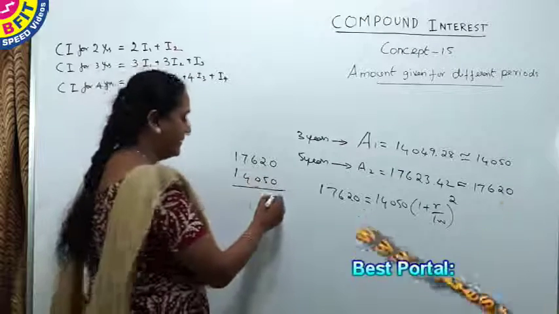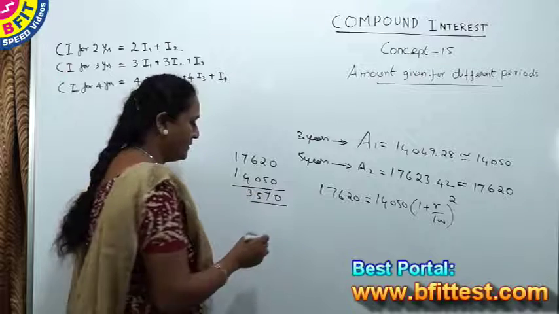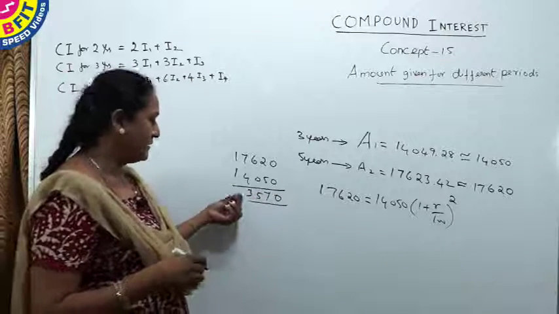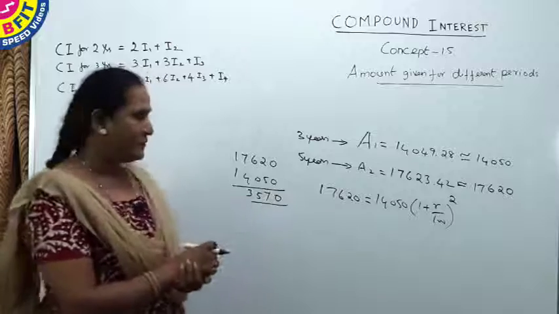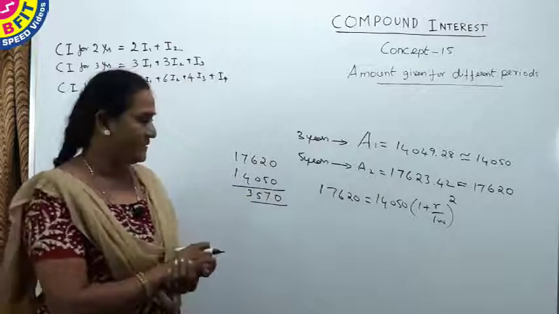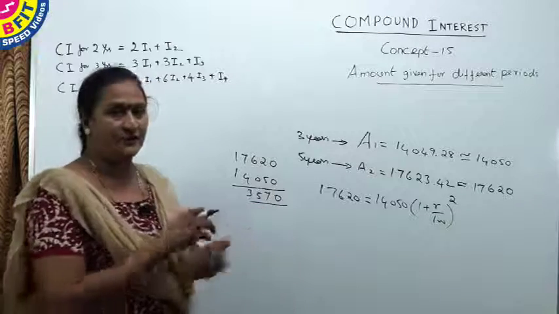By subtracting, the difference in these two amounts gives us interest as 3,570. So now with the options, we'll take any one convenient rate percent and check whether the interest comes to 3,570.